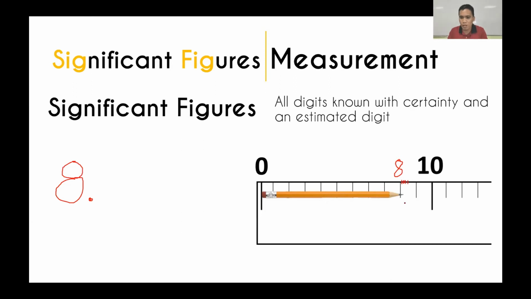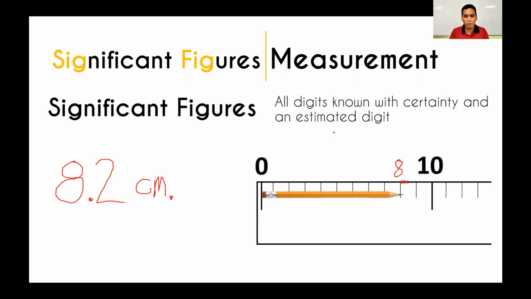Now we estimate the digit on its decimal place. Since this is 0.1, then 0.2, we assume that it is equal to 2. So we have 8.2 centimeters.